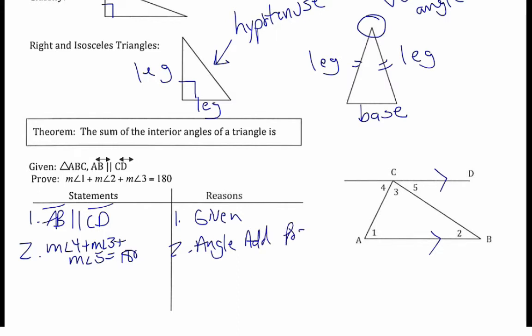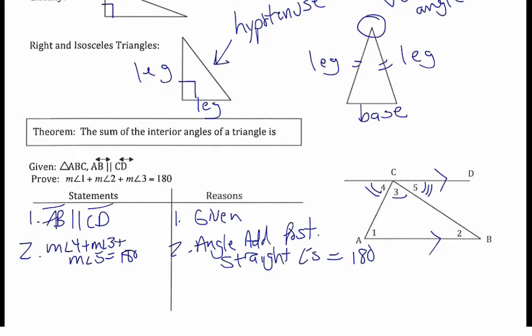And I'm going to put a note here that says, straight angles equal 180 degrees. Oops, not congruent to, but equal 180 degrees. So it's the idea that angle 4, angle 3, and angle 5 are all together on that straight angle, so it has to add up to 180 degrees.